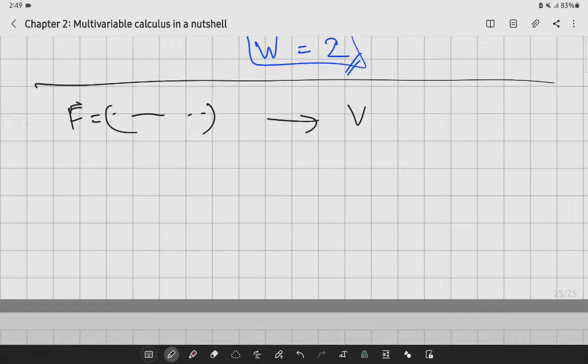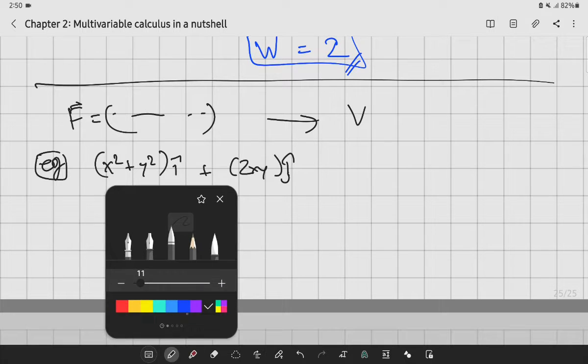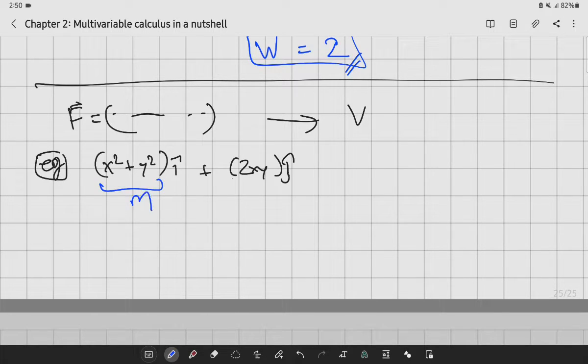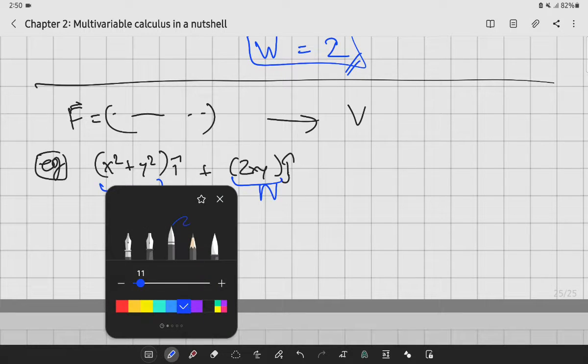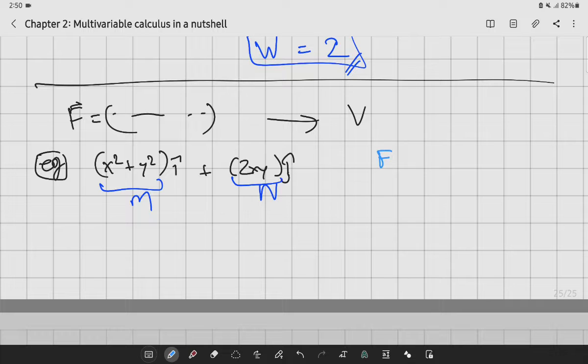Now let me give you an example of this. I'm given a force field that is like this: x squared plus y squared i hat plus 2xy j hat. So this is M, this is N. F equals M N. This is a two-dimensional vector field.